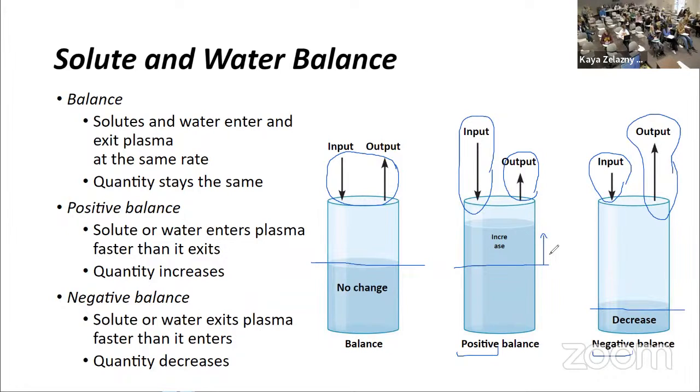So if you don't drink any fluid all day long, but you still have to lose 400 milliliters in your urine to get rid of all the things we're filtering out of your blood, you could end up in negative balance, okay? So all this is more output than input, so the total body water goes down.